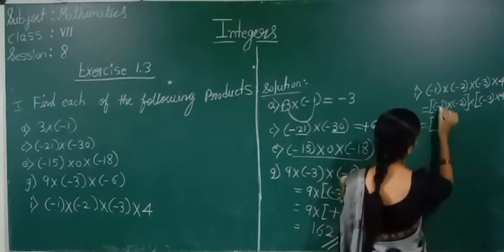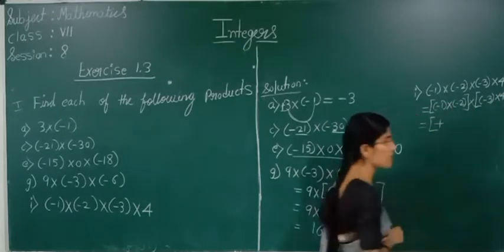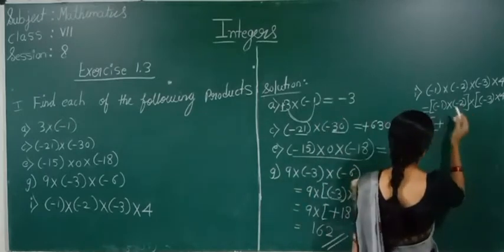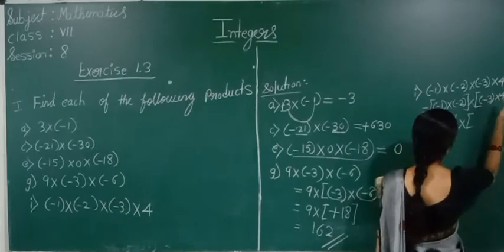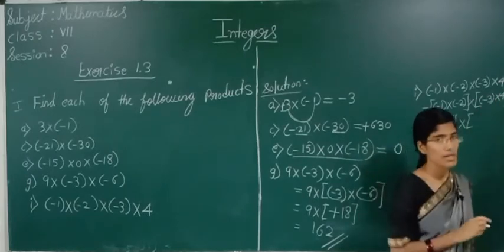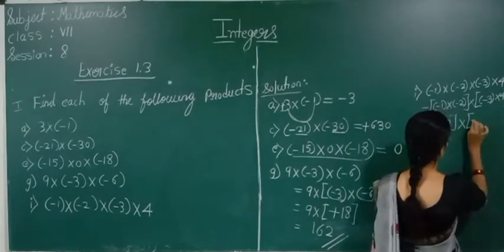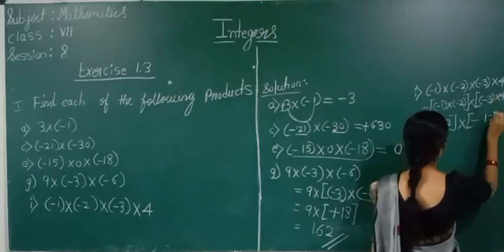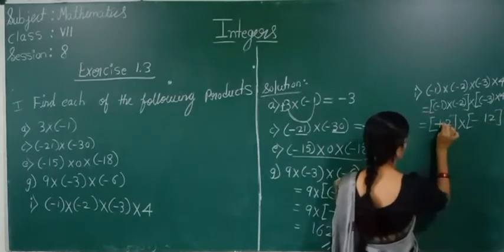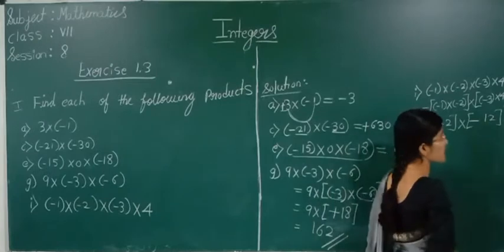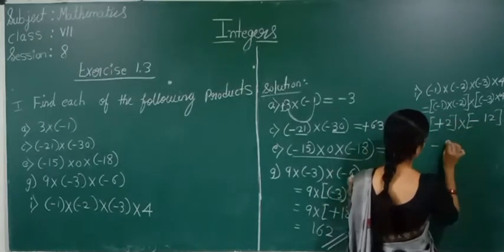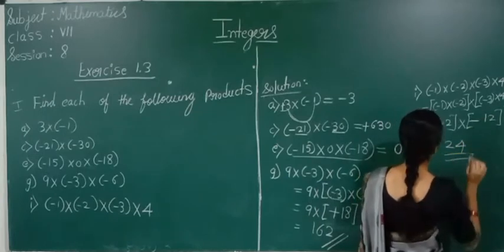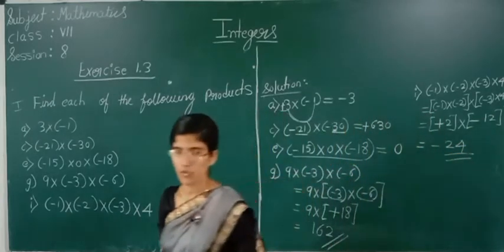When two negative integers are multiplied, the answer will be a positive integer. 2 ones are 2, multiplied by minus 12, since when a negative integer and positive integer are multiplied, the answer will be a negative integer. 4 threes are 12. 12 twos are 24. The answer is minus 24.